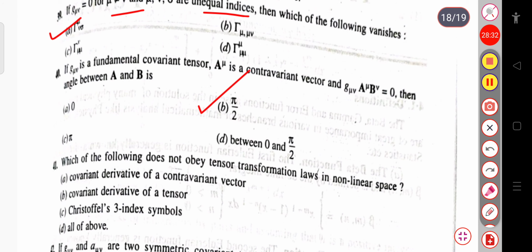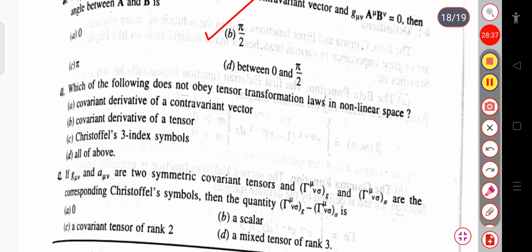Then the next question is, which one of the following doesn't obey tensor transformation laws in non-linear space? That is, covariant derivative of a contravariant vector, covariant derivative of a tensor, Christoffel symbol, or all of the above. So here this is the Christoffel 3-index symbol.